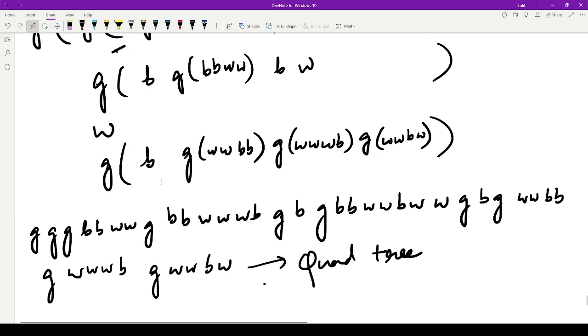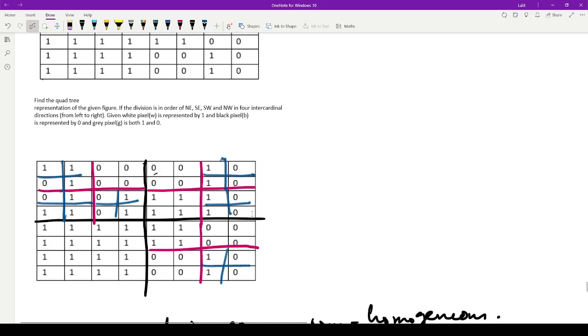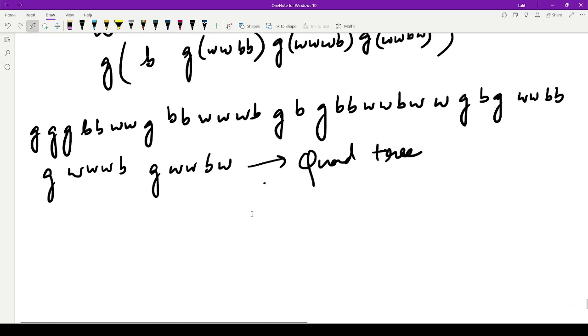Why is it a quad tree, by the way? Because we are always dividing it into four parts. Each node is divided into four parts, so it's not a binary tree, it's a quad tree. If you divide it into eight parts, it is an octree, and similarly the conventions follow.